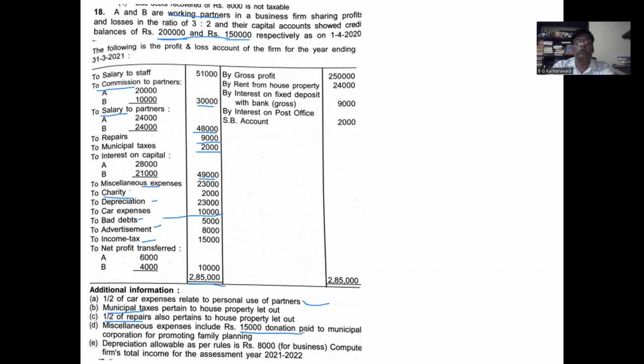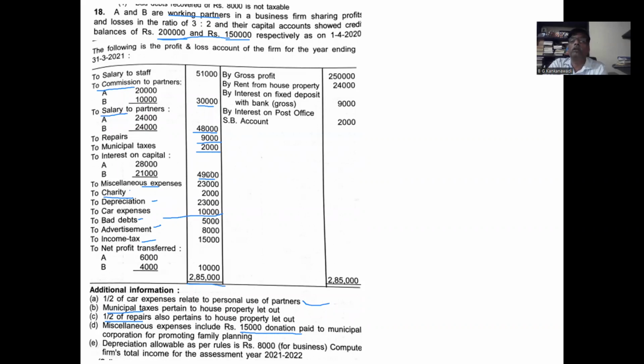Donation to municipal corporation for promoting family planning. So miscellaneous expense amounted to rupees 23,000. 23,000 miscellaneous expense is allowable, but it includes donation. That donation is disallowed. So 15,000 donation is disallowed.